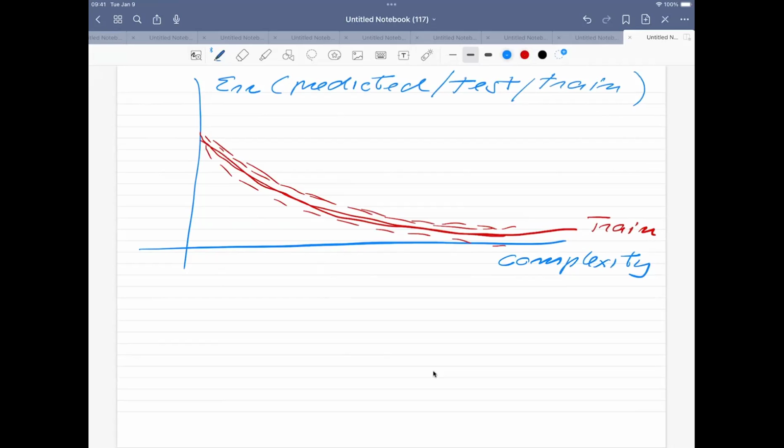Then when we look at the test case, this often looks something like this. There as well, we can have a band of values, and we take the mean value of all the measurements which we make.